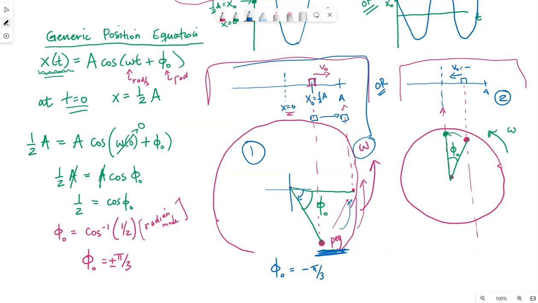Similarly, in situation 2, where the mass is at the same initial location but headed towards equilibrium, the angle is in front of, we have to move, well, that's a bad way to say it. And that's actually the wrong angle. Phi is, in either case, measured from this horizontal axis. So phi naught is still pi thirds. I drew it in the wrong place.